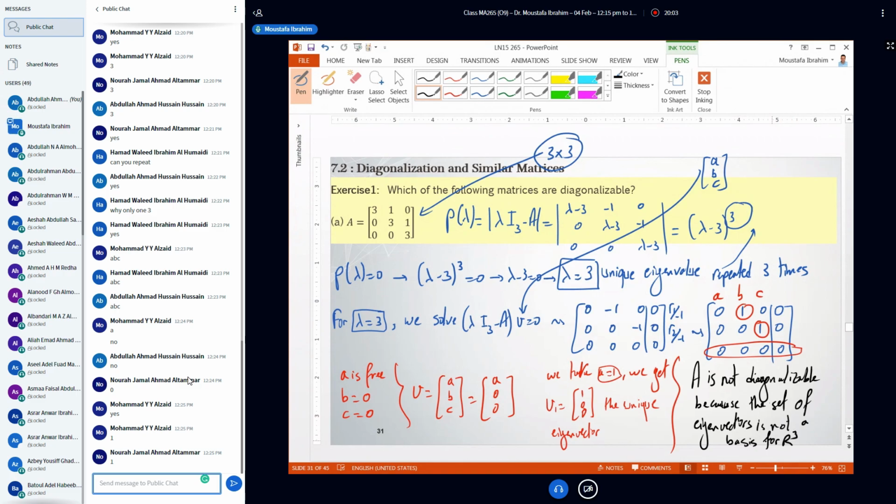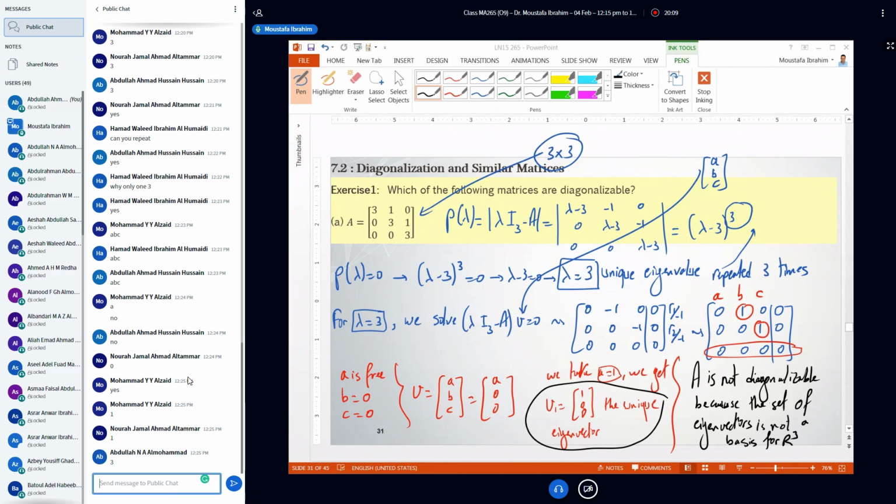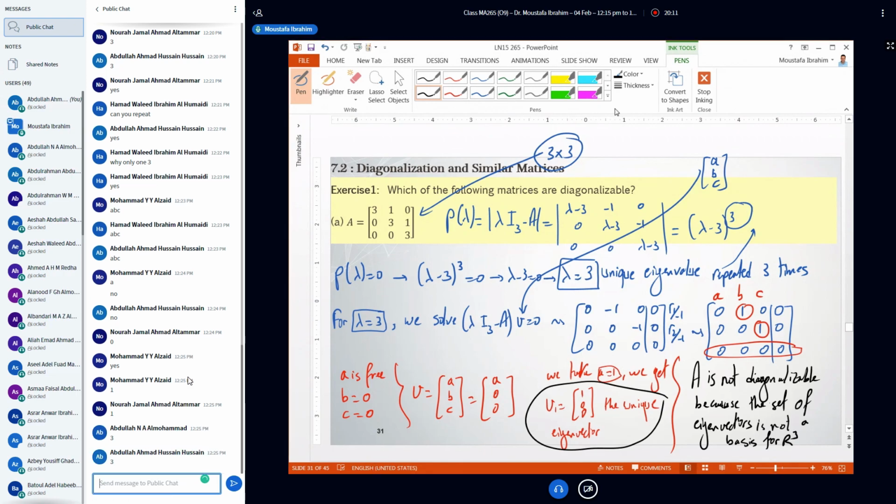Impossible. How many vectors do we need to get a basis for R3? We need 3 linearly independent, and here we have only 1. Not only the number 3, we need 3 linearly independent vectors, and here we have only one vector, so impossible. Is it clear, guys? Please take a screenshot. Keep it with you.